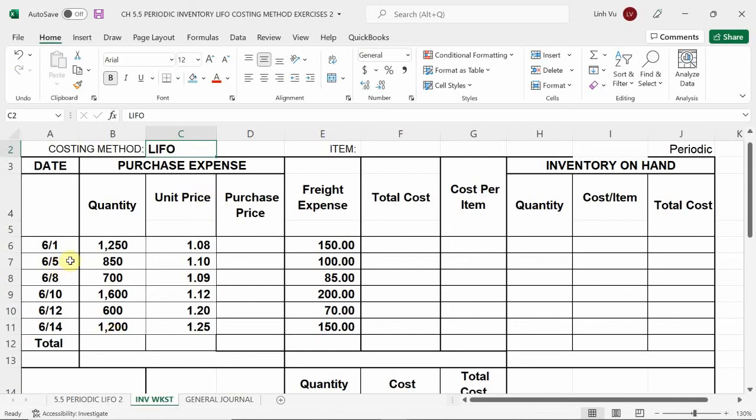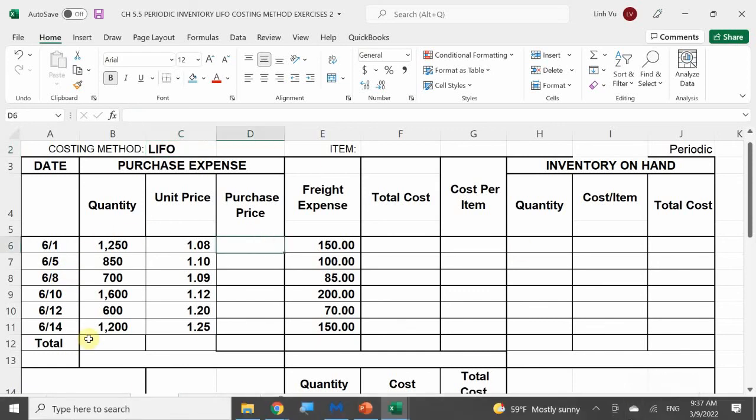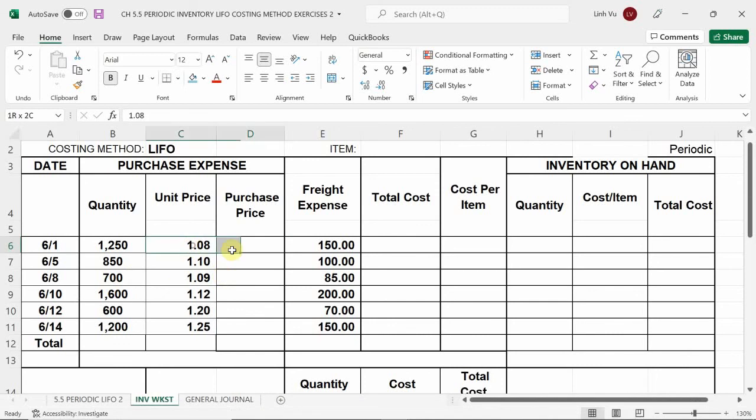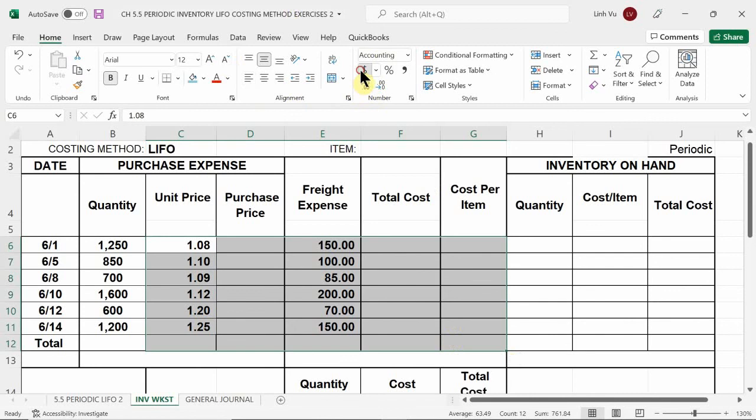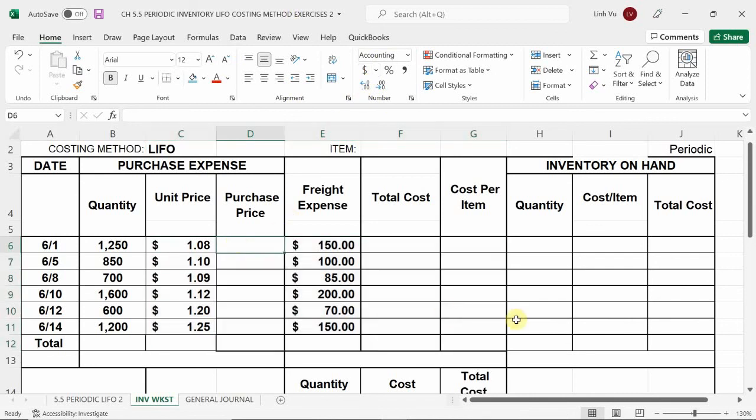Okay, so the first one on June 1st, we ended up buying 1,250 units at $1.08. So what is my total purchase price here? Okay. 1,250 times $1.08 is going to give me $1,350. Good.